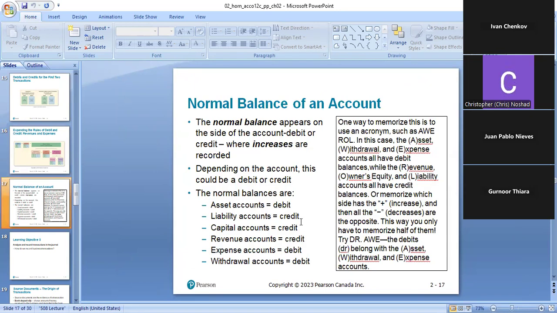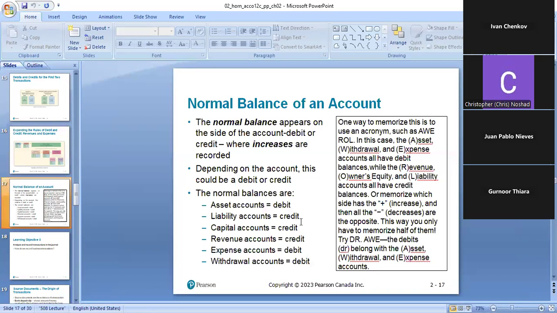The normal balances. Again, the simpler way you can understand it is to draw the accounting equation. Asset is equal to liability plus equity. And think about it. Draw the T account through the equal sign. Everything that stays on the left side, debit balance. Everything that stays on the right side, credit balance. Revenue, increasing the owner's equity, which is on the credit side, normal balance, credit.